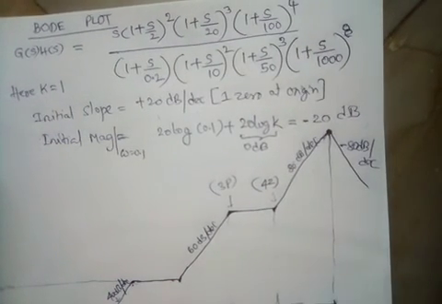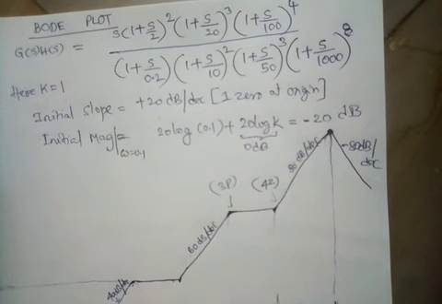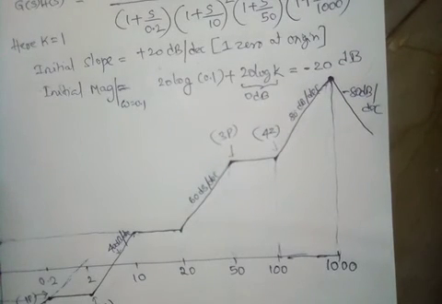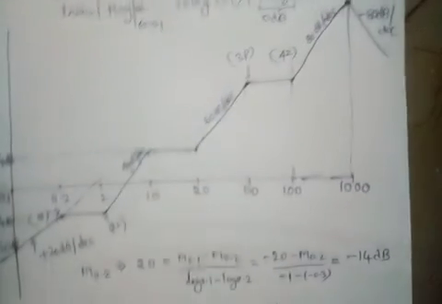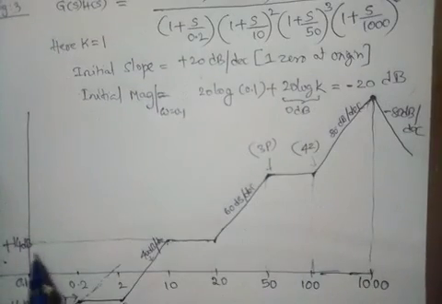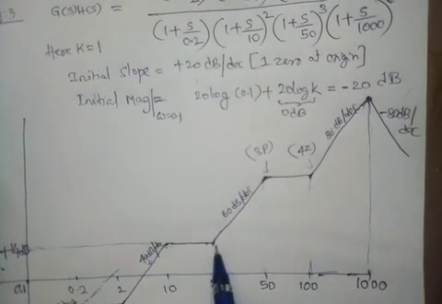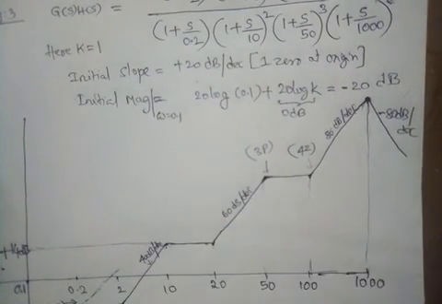Our next job is to find out the magnitude at the corresponding corner frequencies. At omega is equal to 10, magnitude is 14 dB. The same magnitude is carried out to omega is equal to 20, and we need to find out the magnitude at 50.